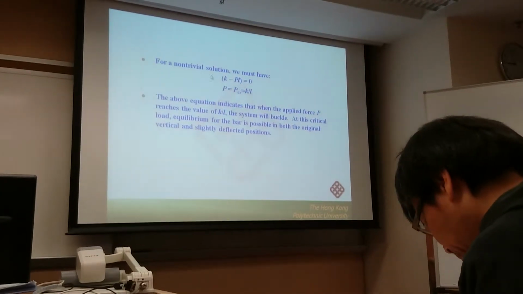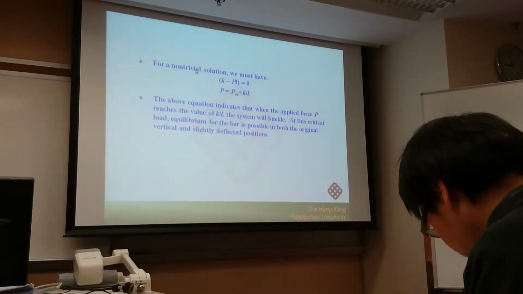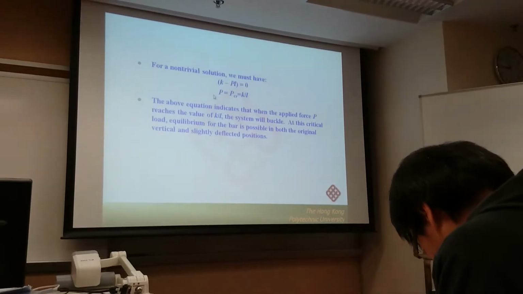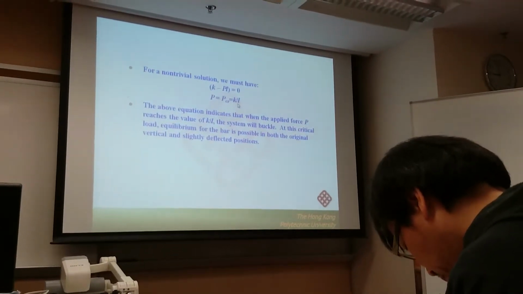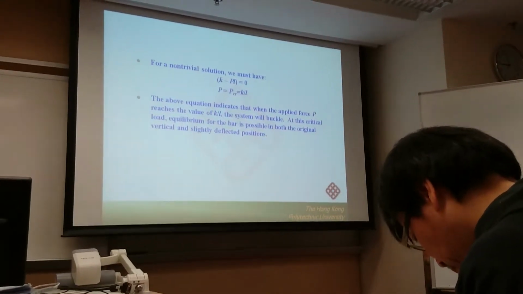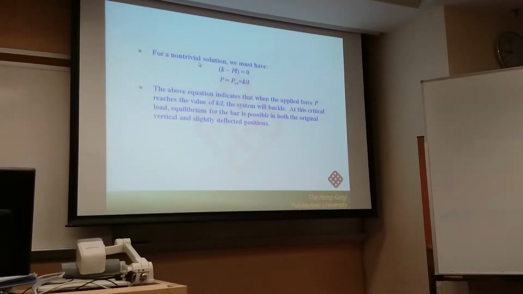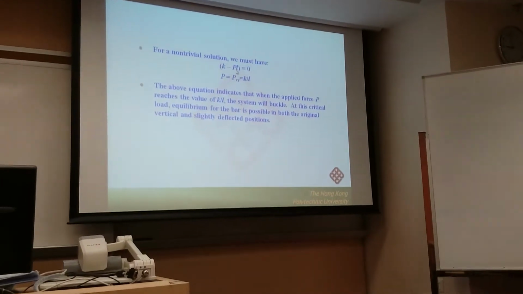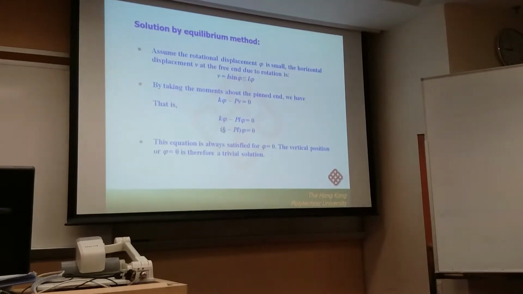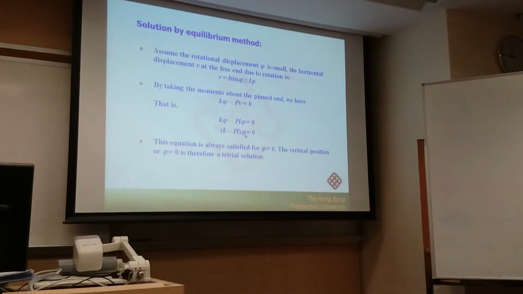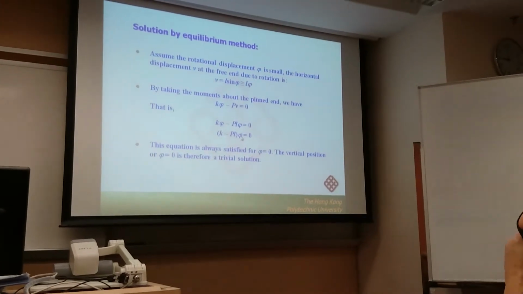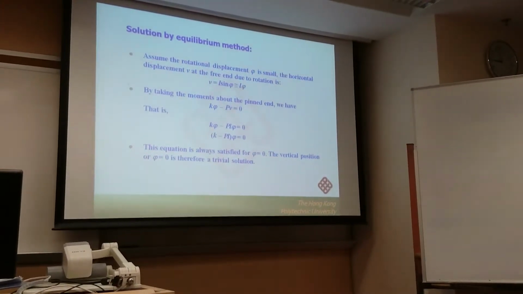From this we can obtain the nontrivial solution, and this nontrivial solution for P is just the critical load. Why is this the critical load? First, I show you why this is a nontrivial solution. When the term in the parenthesis is equal to 0, the response can be any value, because any nonzero value times 0 is equal to 0.